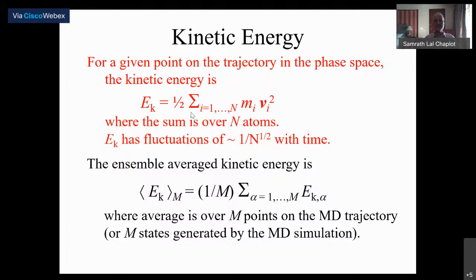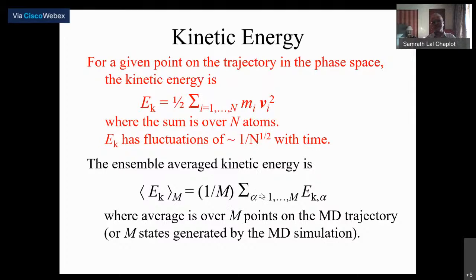This total kinetic energy is an important quantity that can be calculated. As we know, this is going to be proportional to the temperature. To calculate temperature, we normally further take an ensemble average over a number of time steps.